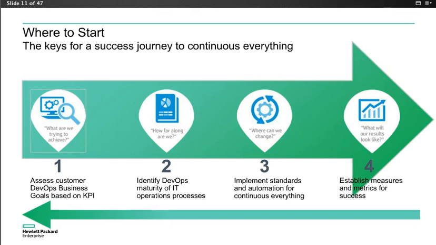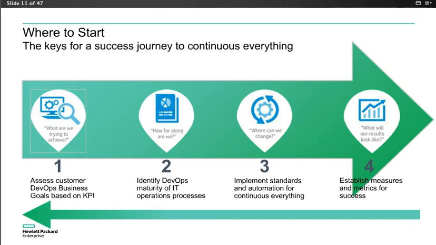How do we start? Typically we assess the customer goals, the business KPIs, what they would like to achieve. Then we identify the current maturity level, based on comparison with the DevOps maturity model.